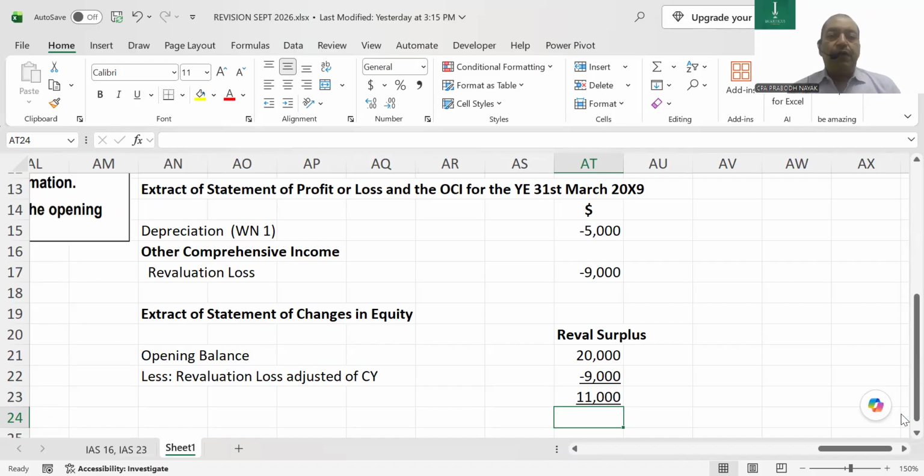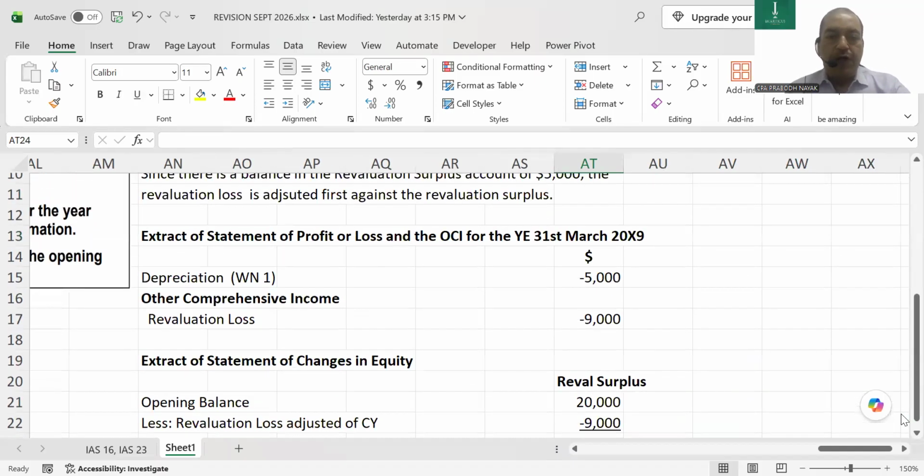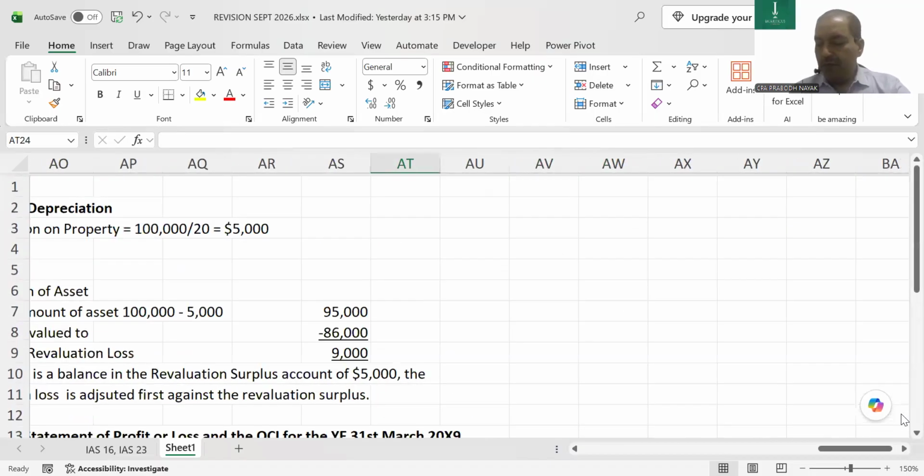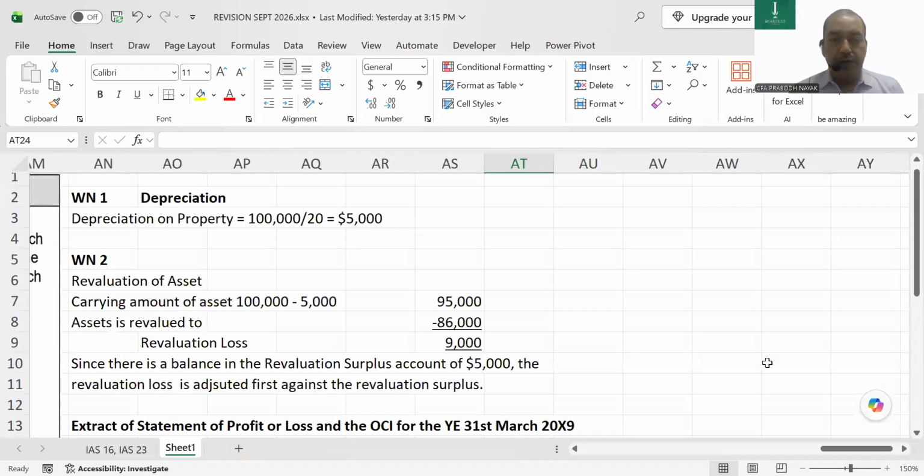Now let us prepare the extract of statement of financial position.